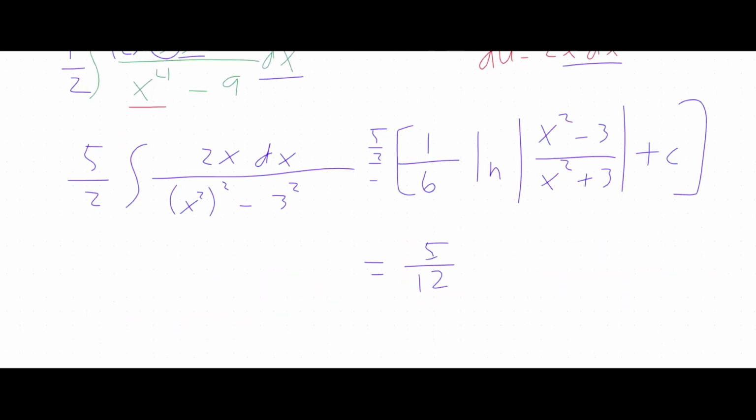Natural log of x squared minus 3 over x squared plus 3, and then plus, it should be a 5 halves c. We'll just call it k.